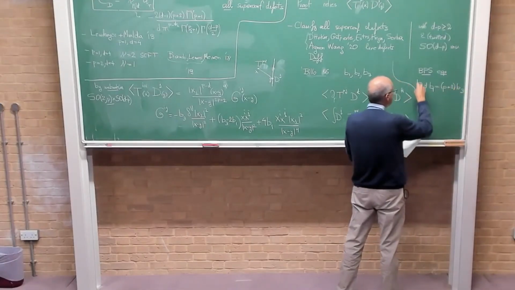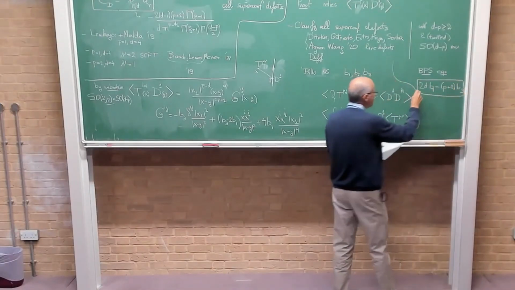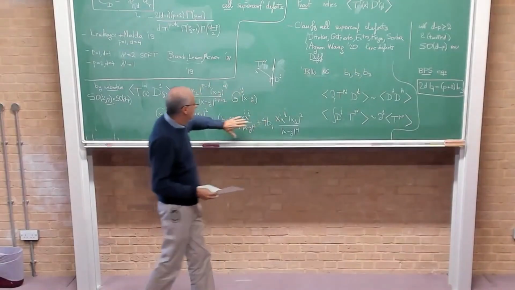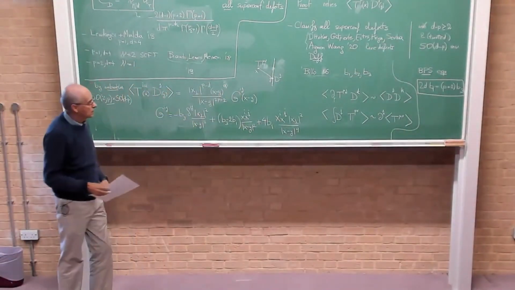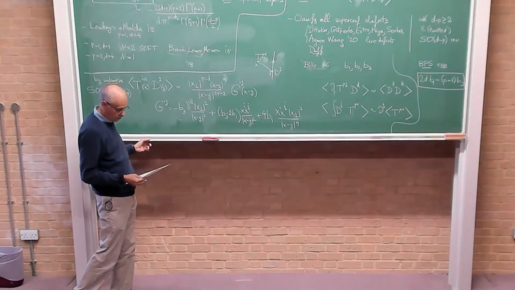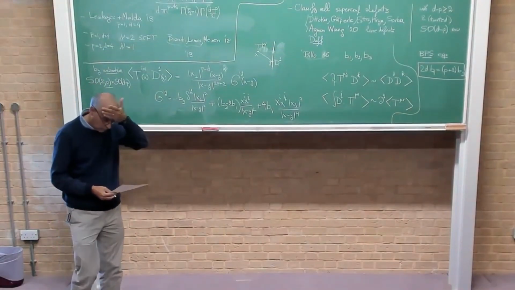So this is a rewriting of the BPS equation for this correlator, and this rang bells to us when we were thinking about the radiation problem.